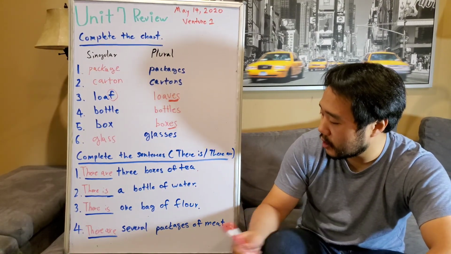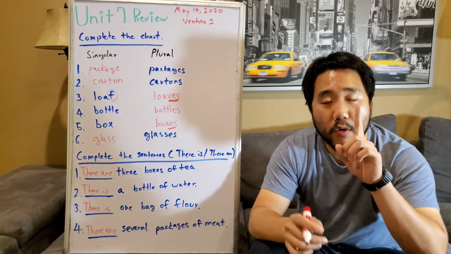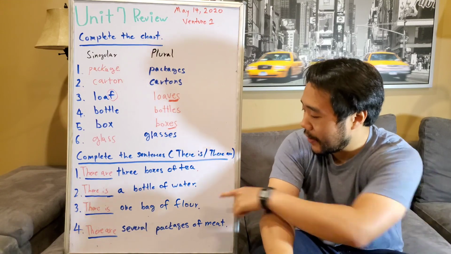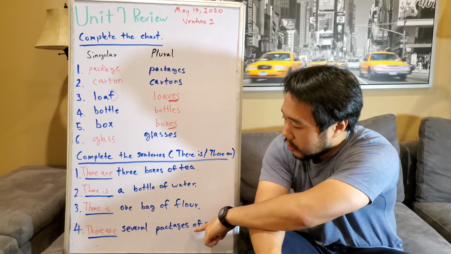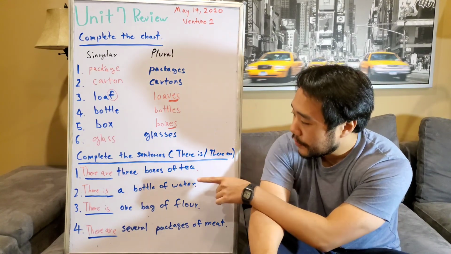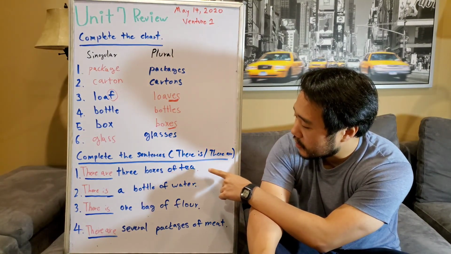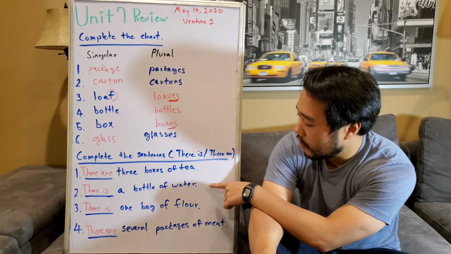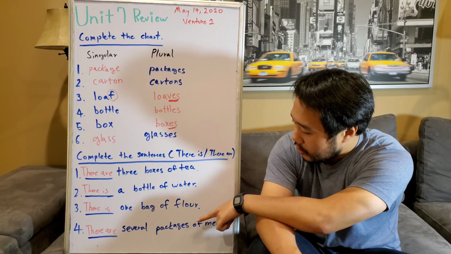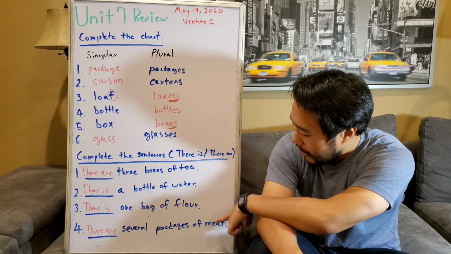Several packages. Several, it means more than one, so a lot. And then packages, so it means plural, so we know that it has to be there are. So one more time, there are 3 boxes of tea, there is a bottle of water, there is 1 bag of flour, there are several packages of meat.